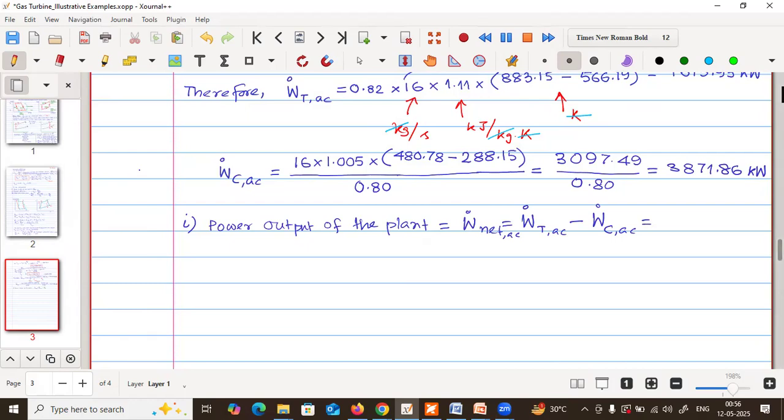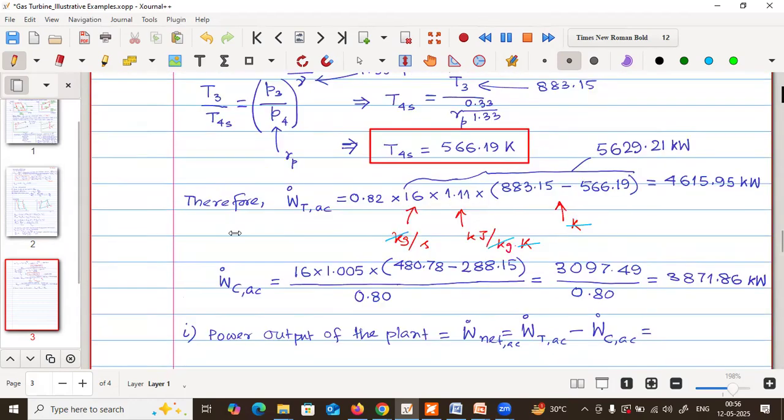So we have calculated both here, this one and this one. So let us highlight them.